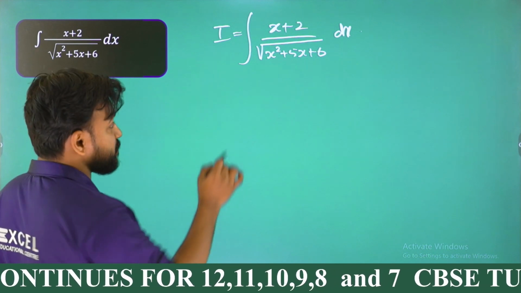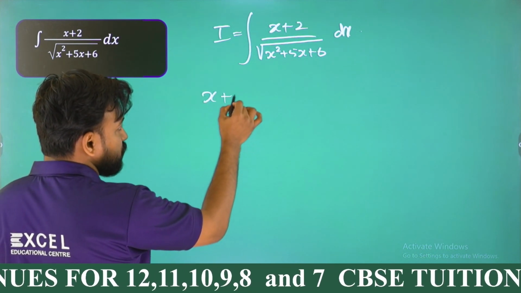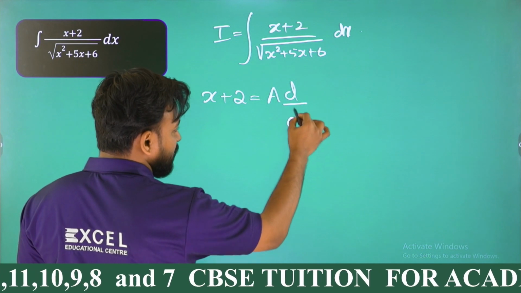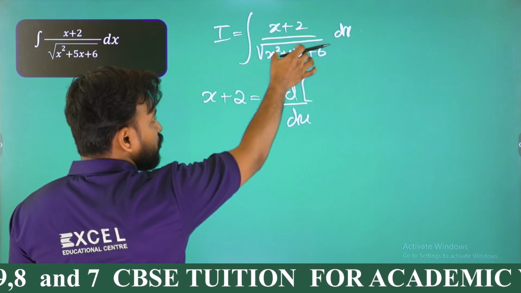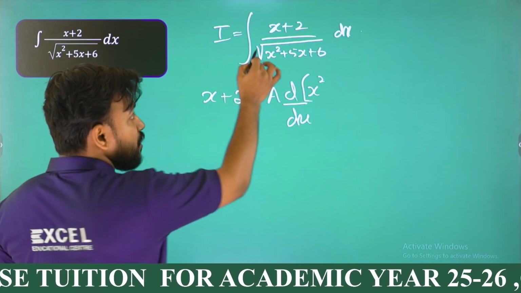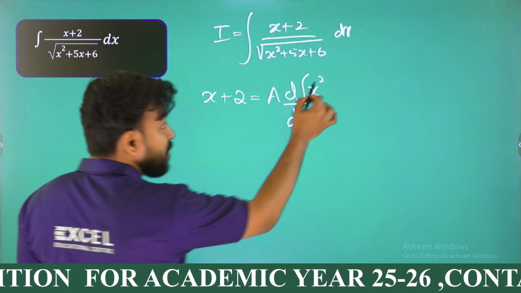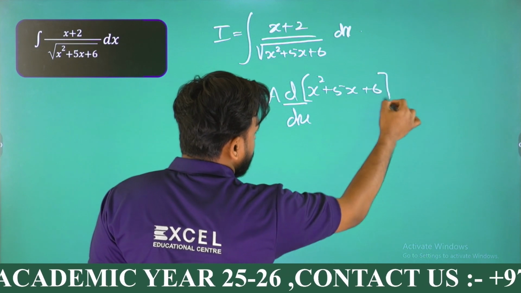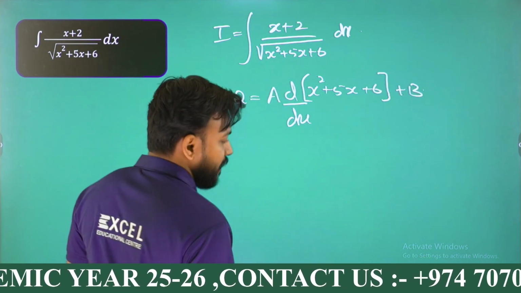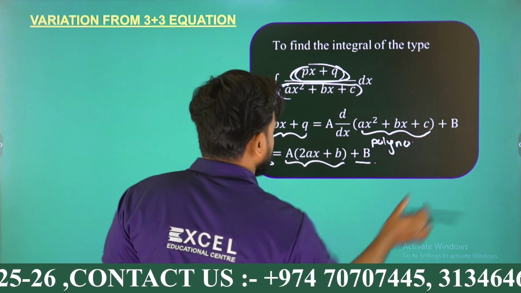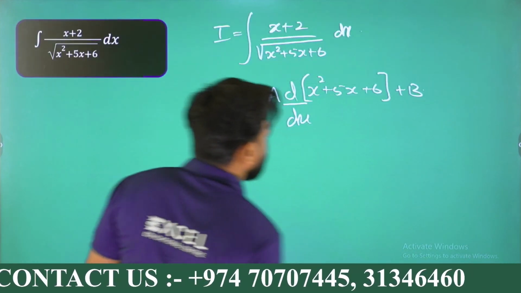So we substitute x plus 2 is equal to a constant a into the derivative of the polynomial at the denominator, without using that square root. In some questions you will not have the square root. Whatever it is, you only need to take the polynomial plus b. It's in this form: a into the derivative of the polynomial at the denominator plus b as your numerator.